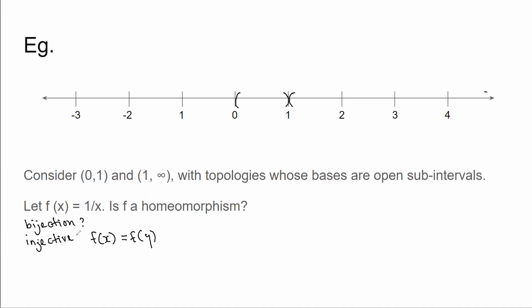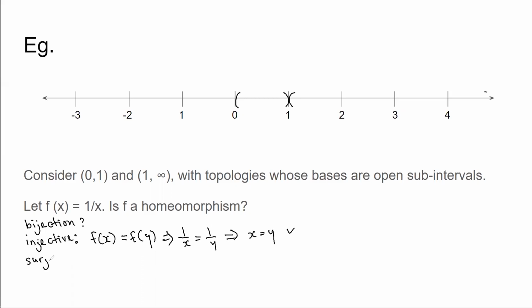If the map is injective, then x has to be the same element as y. So if f of x is equal to f of y, that means that 1 over x is equal to 1 over y, which means that x is equal to y. So yes, I have injectivity.